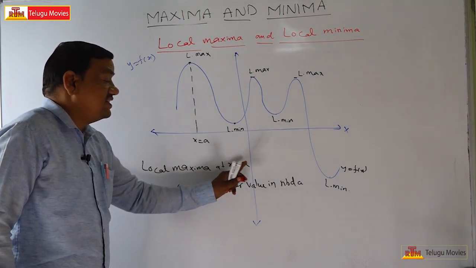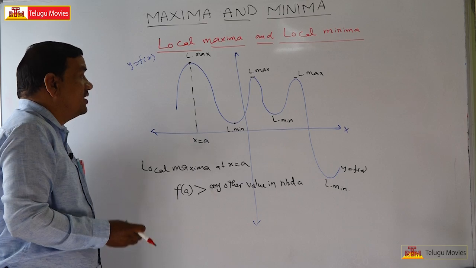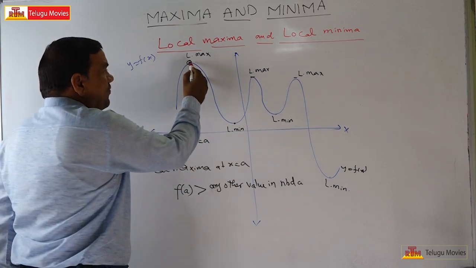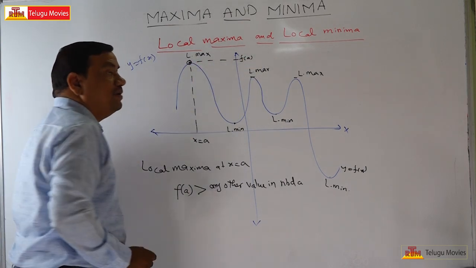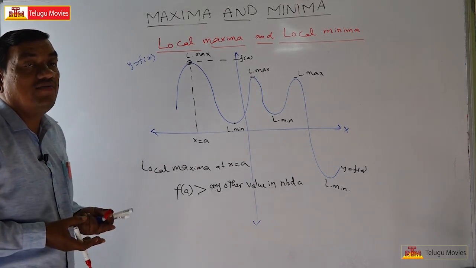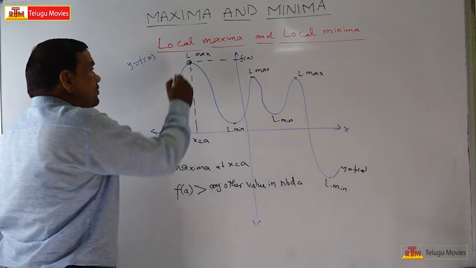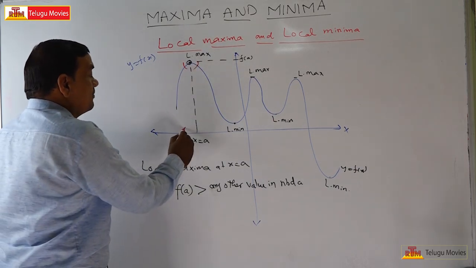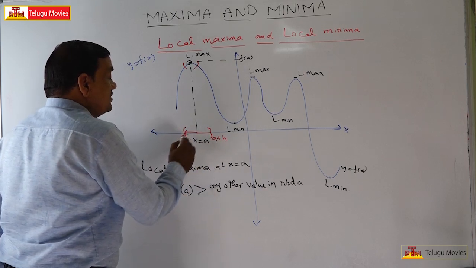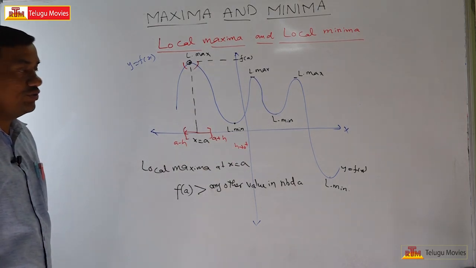That means at the point x is equal to a, it is said to be a local maximum. This is the f of a value. So f of a should be greater than any other value in the neighborhood of a. What does neighborhood mean? Up to here, you see, this is called the neighborhood of a. That means this is a plus h and this is a minus h, where h is a small positive quantity.